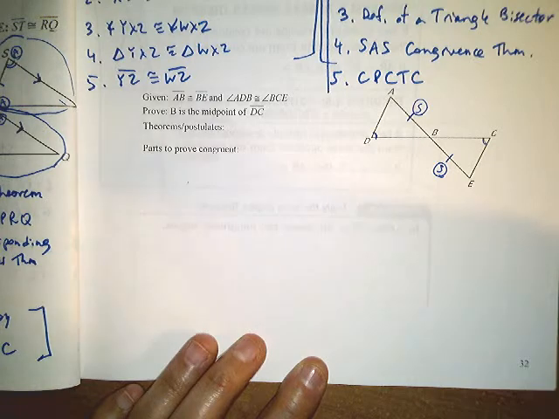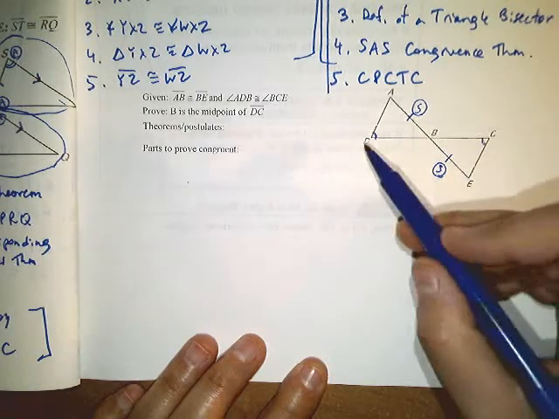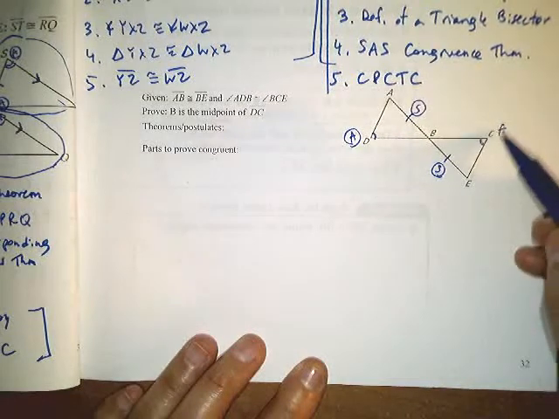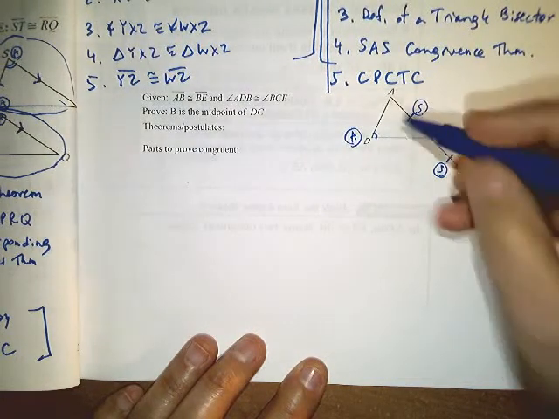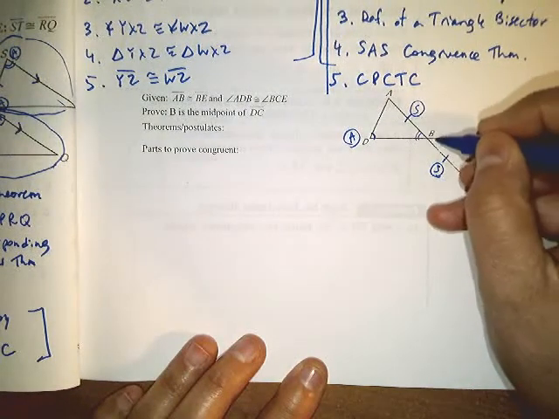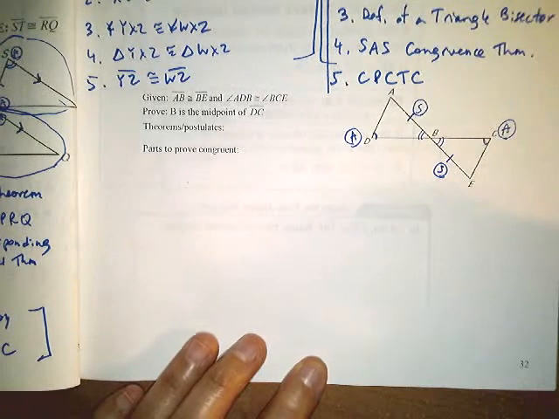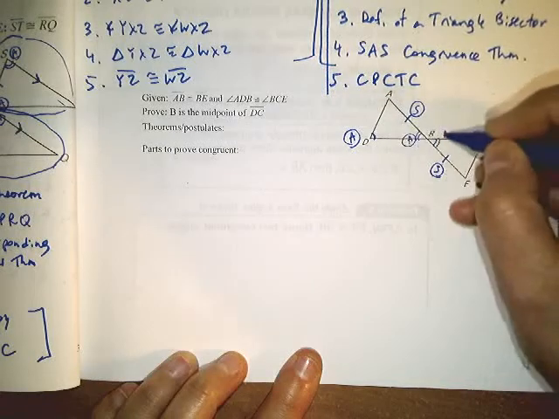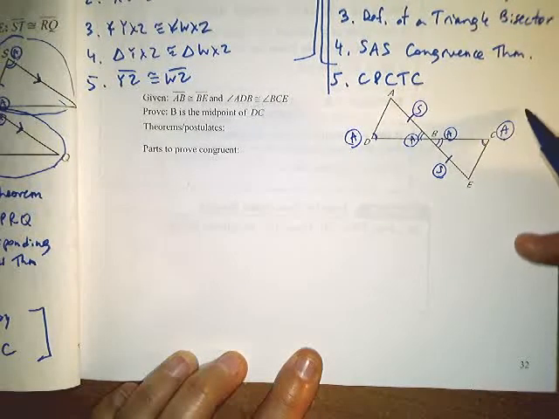So phase one is just figuring out how to prove these two triangles are congruent. I have two angles and I have two sides. I need one more pair of something. The only thing I can see here is that this angle here is congruent to that angle there because they're a vertical angle pair.